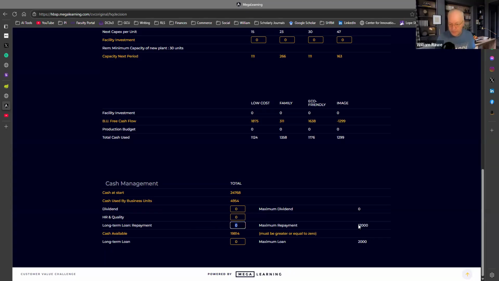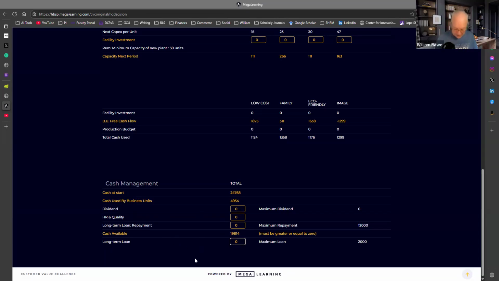We can see 12,000 is the maximum repayment, and that's because our loans right now are at 12,000. You have cash at start, 24,000 plus. Cash available now, 19,800. It's okay to budget all the cash you have available, but this should not be negative. It must be 0 or a positive number before you can validate and we can run the simulation.